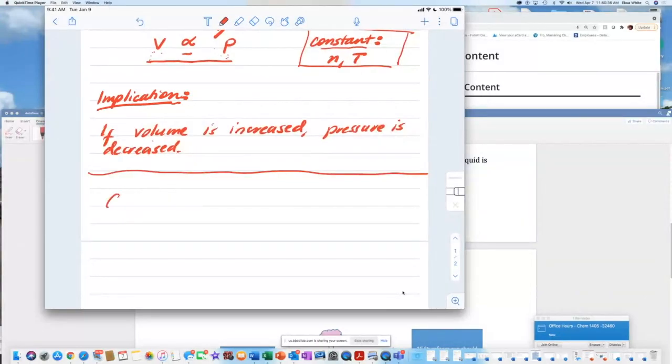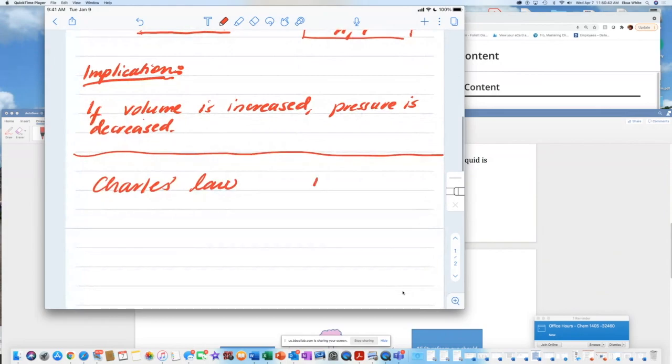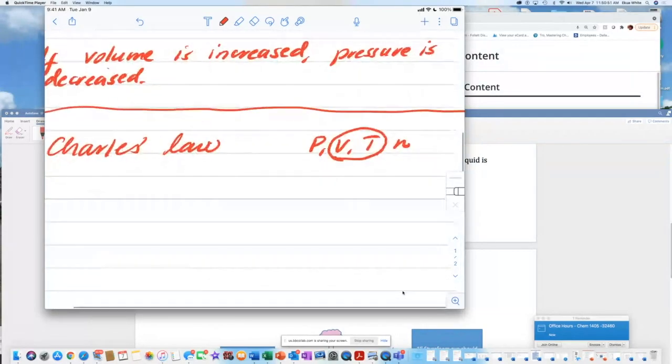Second part is Charles' law. So with Charles, once again, when he had four measurements to pick from, he picked these two, volume and temperature.